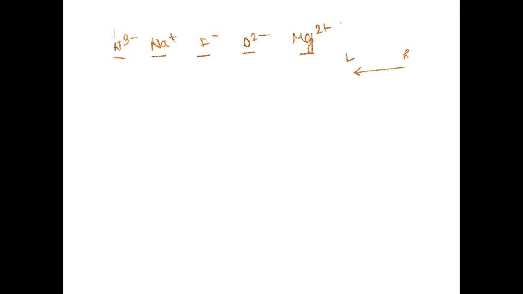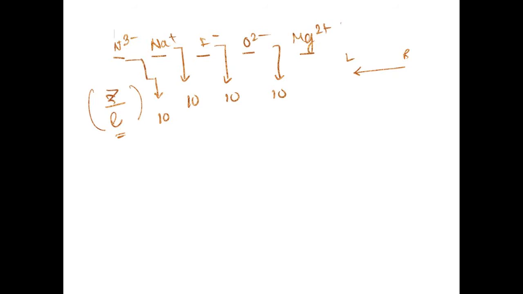So we will take the Z by e ratio. Here the total number of electrons for nitrogen ion is 10, for sodium plus 10, for fluoride 10, for oxide 10, for magnesium 2 plus 10. So the Z by e ratio depends completely on Z.